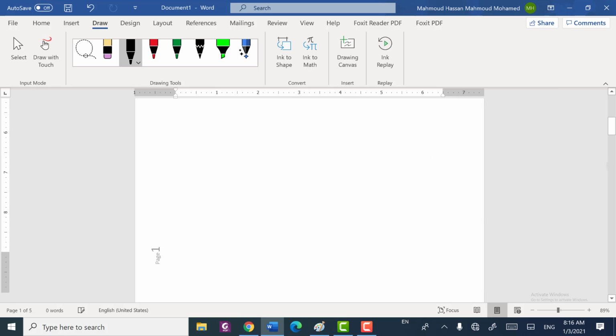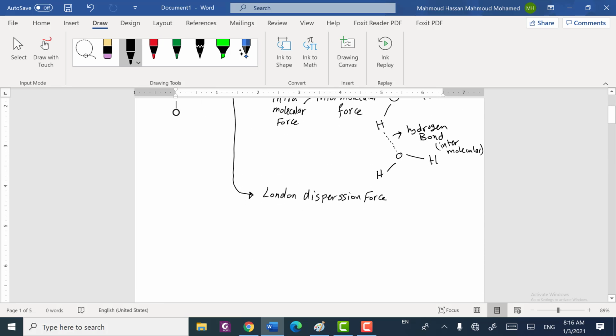These are attraction forces found inside nonpolar compounds, like methane, like hydrogen sulfide, or between noble gases such as neon and helium. This is a weak attraction force.